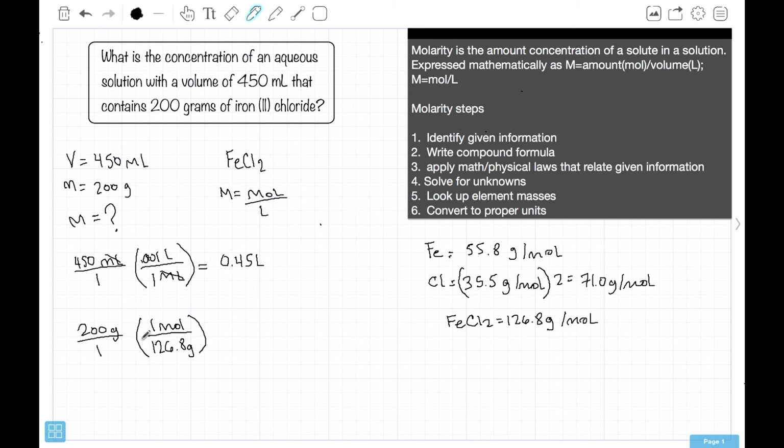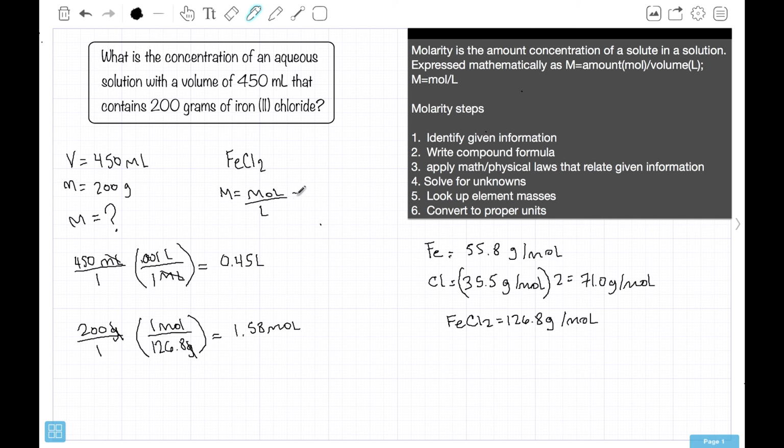When you do the multiplication, you find that the grams will cancel out and you'll be left with moles. And you will be left with 1.58 moles.